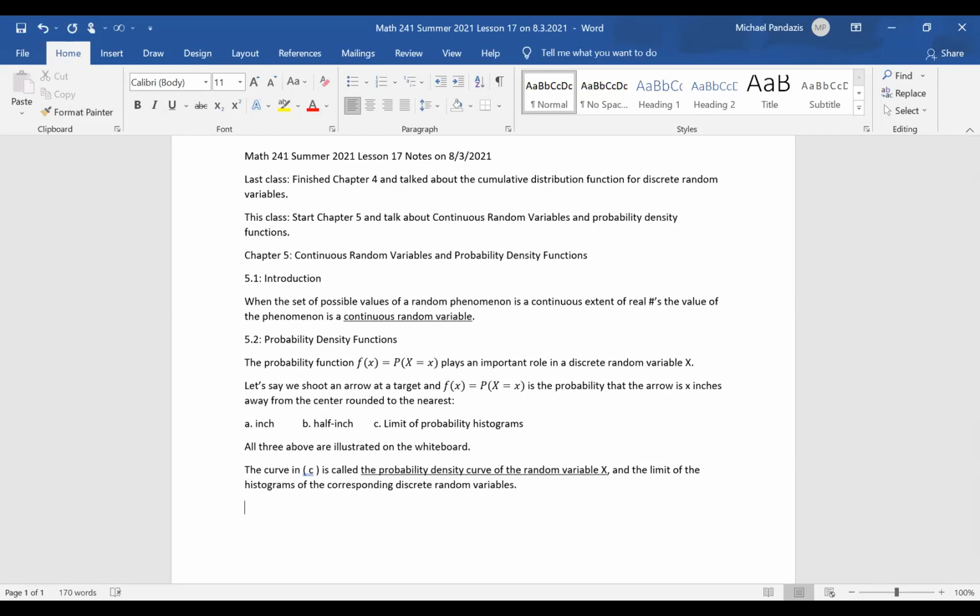Okay. So the function defined by this curve is the probability density function of capital X.